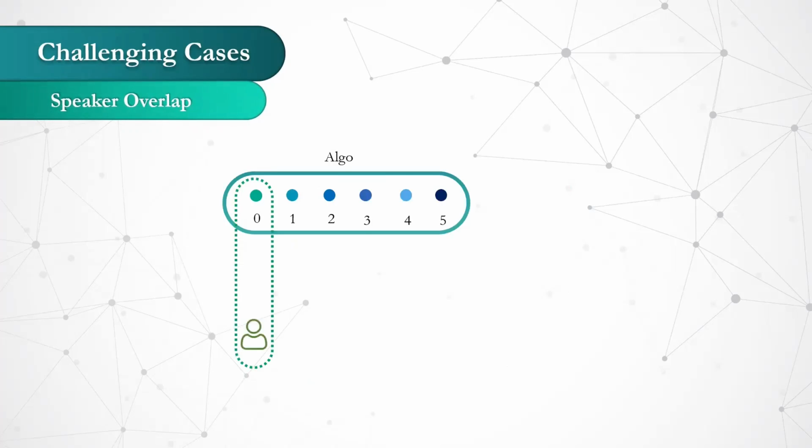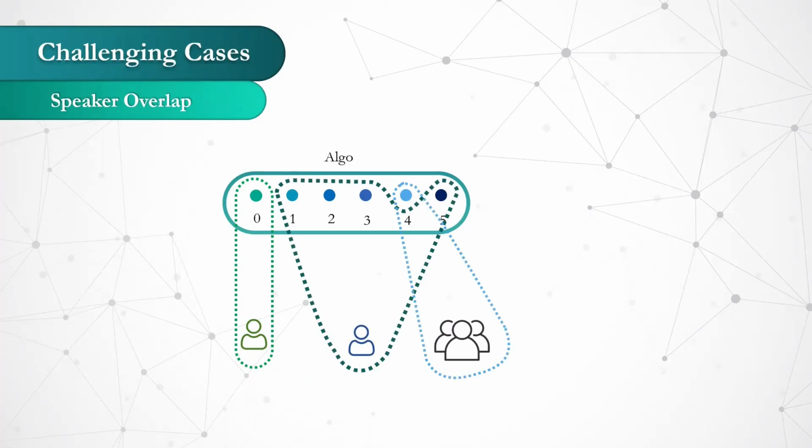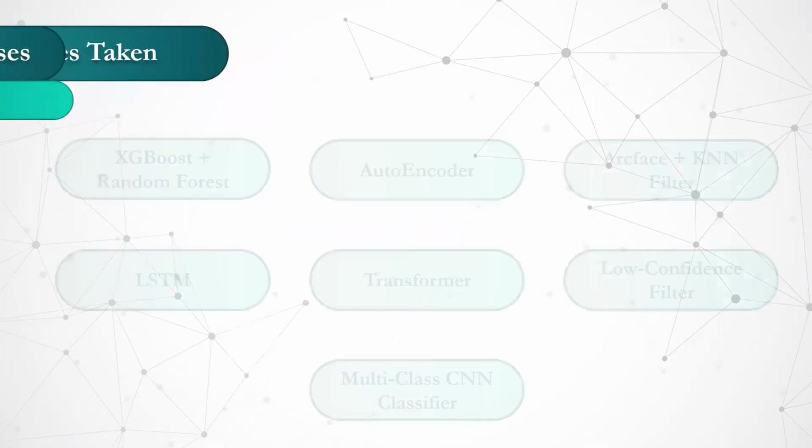Algorithm 0 contained a single speaker, algorithms 1, 2, 3, and 5 contained the same speaker, and finally there were multiple speakers for algorithm 4. This information was extracted completely based on our thorough observation, and it might not completely be true, but we observed a large number of samples to draw this conjecture.